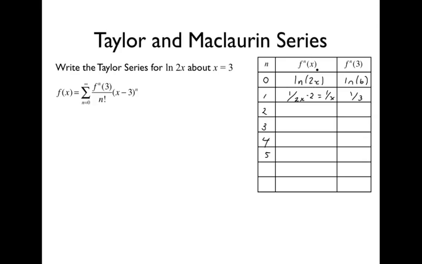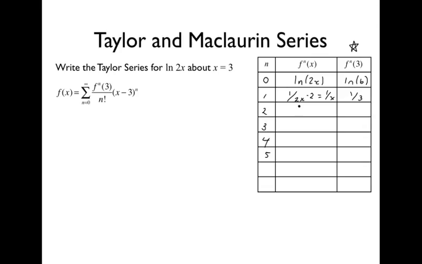This middle column is solely for the purpose of generating this column, because this column is our values for each term of the series. We find the derivative and then plug in, and this is the column we're interested in. The sequence is made up of these coefficients, these multipliers.